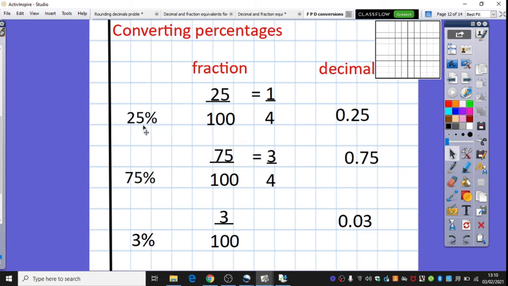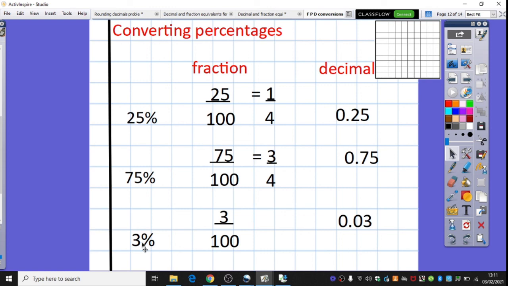So 25% is equivalent to a quarter. Here we've got 75%, and that's equivalent to 75 out of 100, 75 hundredths we can see there, and that's actually equivalent to 3 quarters. So if we divided our 100 into 4 parts and multiplied it by 3 of those parts, that would be 75. So 75% is equivalent to 3/4.